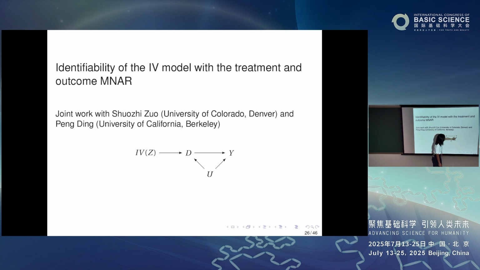One comes from the variable itself, the other comes from this U. And what we did is that for a standard or classical setup where Z is binary and D is binary, we studied under what missing not at random conditions you can still identify the causal effect of D on Y.